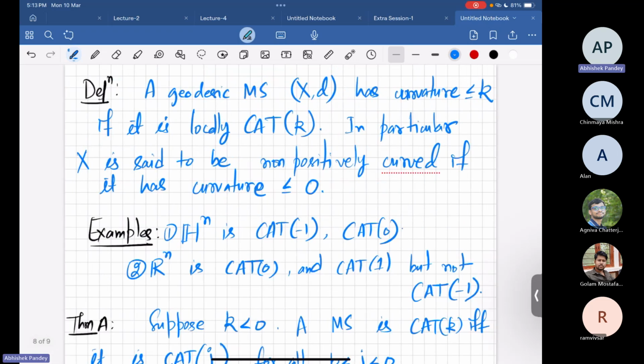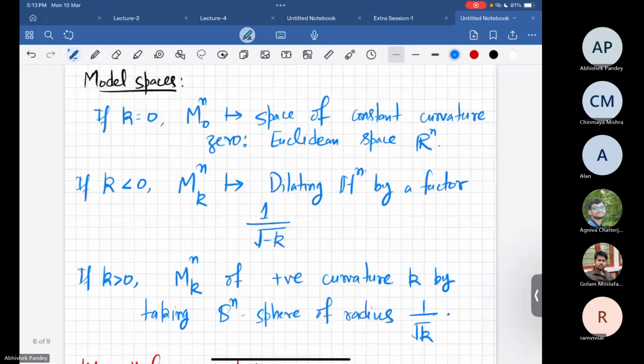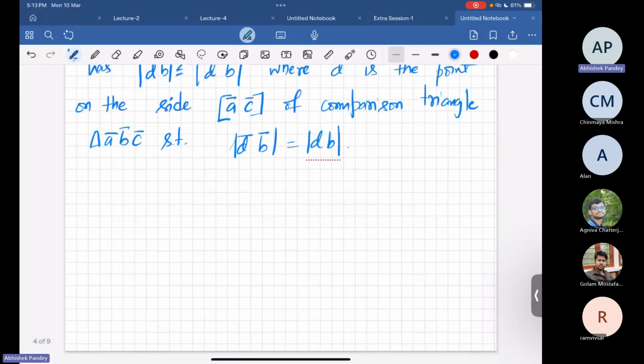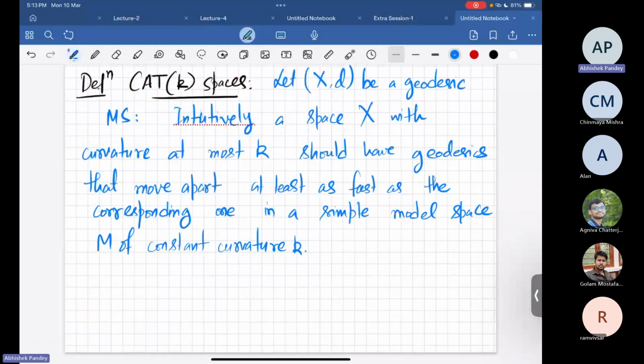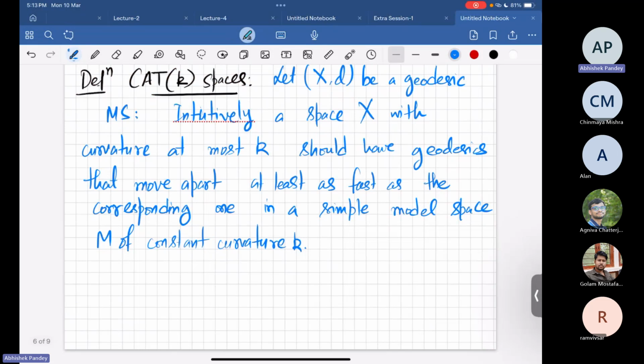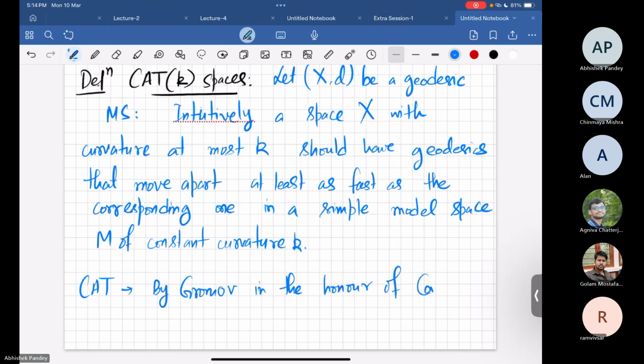By the way, I haven't mentioned what I mean by CAT(k). This CAT(k) comes from Gromov, in honor of Cartan, Alexandrov, and Toponogov.